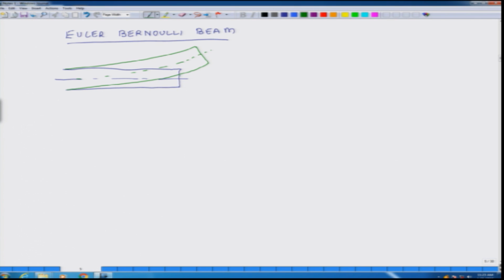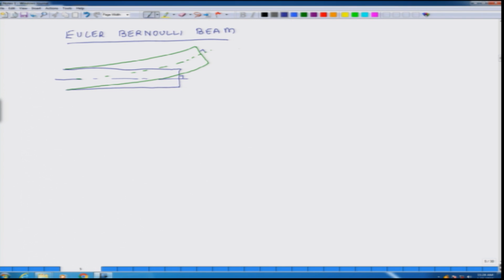In the original undeformed beam, the neutral axis was perpendicular to the edge of the beam, okay. And in the deformed beam, the deformed neutral axis remains perpendicular to the edge of the beam. If the edge of the beam was perpendicular earlier, it will continue to remain perpendicular in the deformed state also.